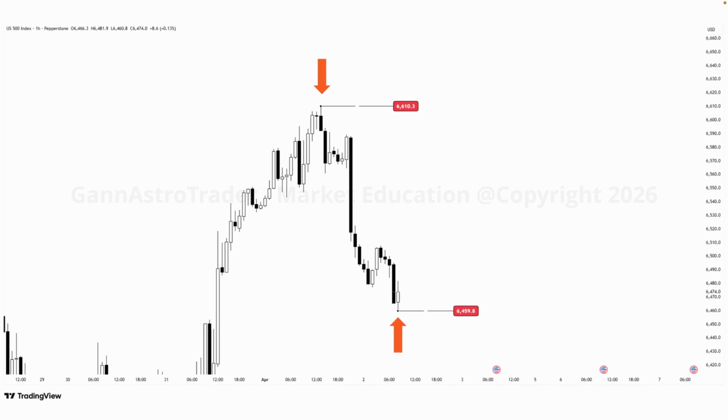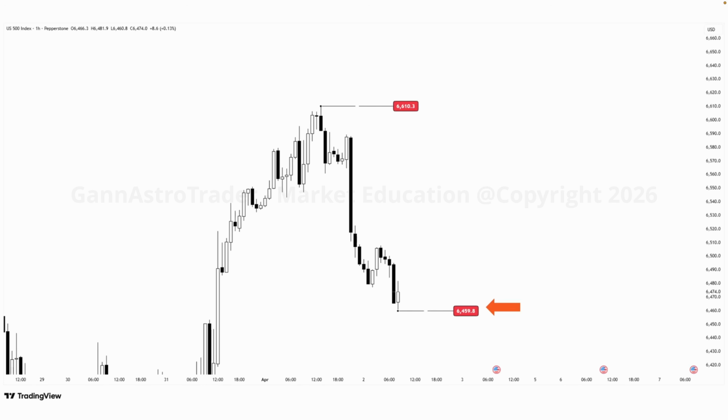Now that we understand how to convert price into degrees, we can begin to use this structure to identify key points within the cycle where the market is more likely to respond. In this example, the total movement between the low and the high is treated as a complete cycle.